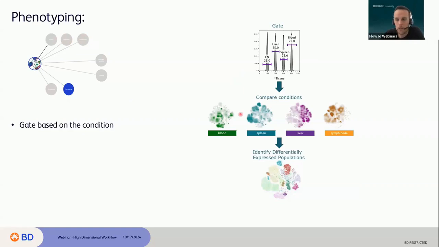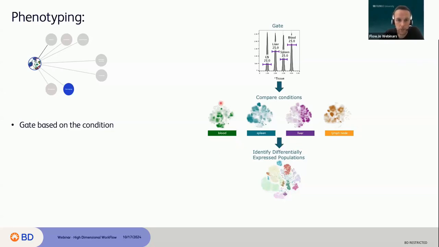Now we can gate based on this parameter after we did our dimensional reduction and clustering. So here, with this keyword tissue, where we have our lymph node, blood, spleen, and liver, we can separate back our concatenated file into each independent type of tissue or sample. And then we can look at the differences for each different type of tissue.